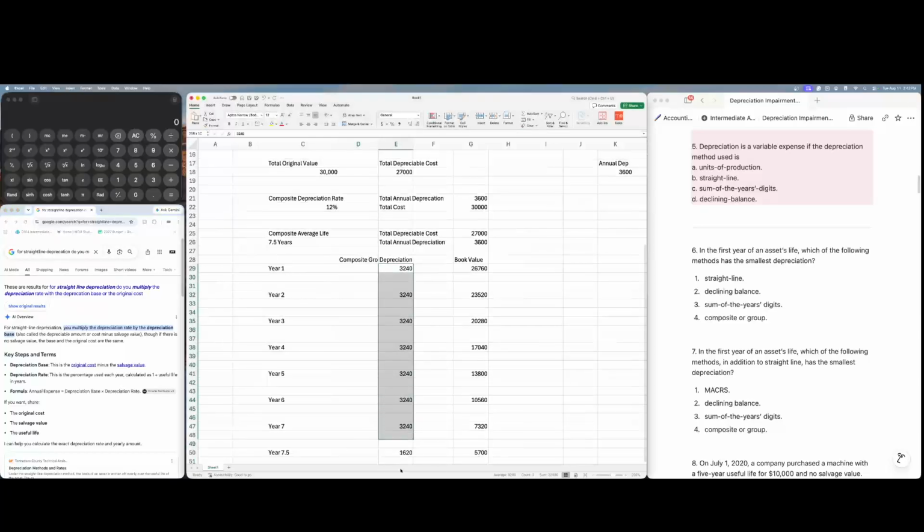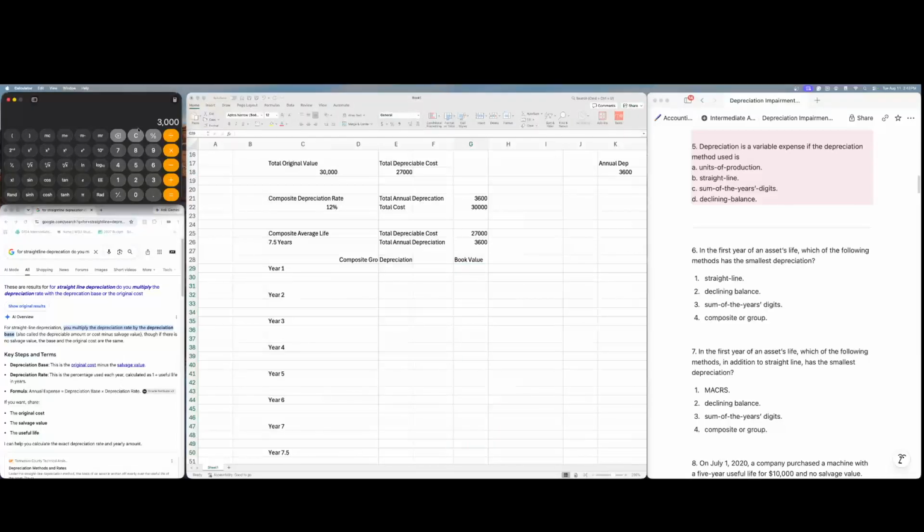So the original cost, 30,000, multiply that with the depreciation rate. So the annual depreciation is actually 3,600. And half of your depreciation is 1,800.